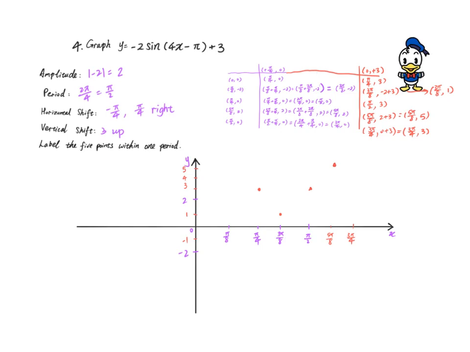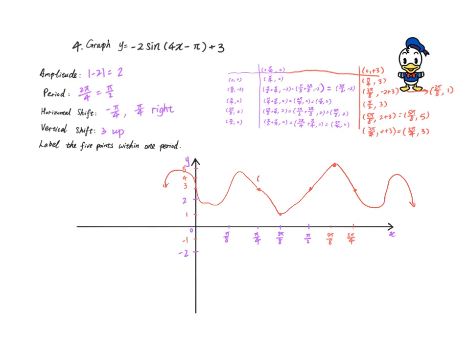And 3 pi over 4 and 3. Okay, we can connect these points and continue to draw the wave. Again, you do not need to worry about the accuracy after the endpoints here.